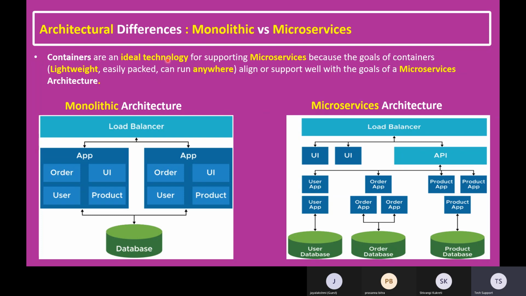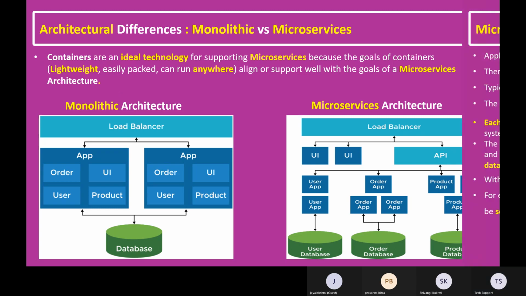Containers are an ideal technology for supporting microservices because the goals of containers, being lightweight, easily packed and able to run anywhere, align, meaning line up or support well, with the goals of a microservices architecture. Okay, so some more key points of microservice architecture we'll talk about in the following slide.